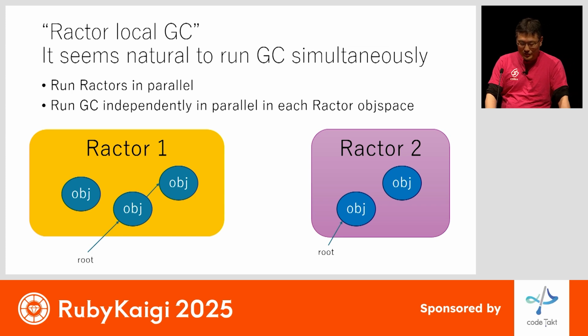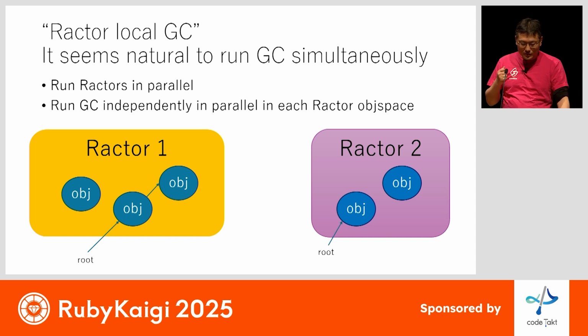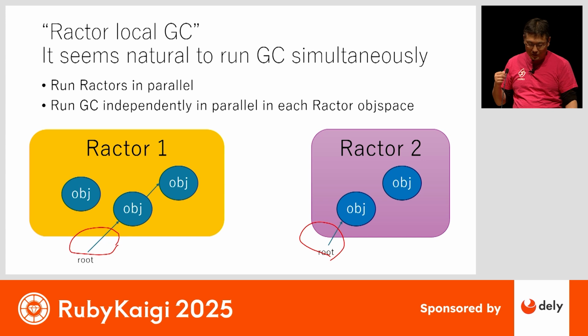Now, if each Ractor has its own isolated object space, then it seems natural to run garbage collection independently or in parallel in each Ractor. In the slide, each Ractor has its own root, and we can mark all the objects in each Ractor and run garbage collection independently and in parallel.